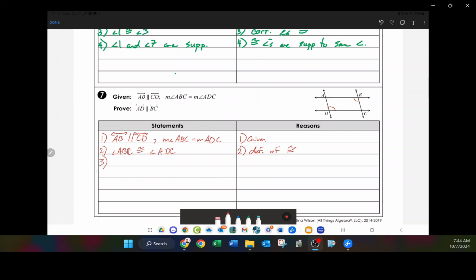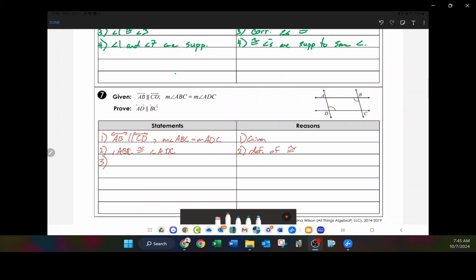Now, if I want to prove that line AD is parallel to BC, I need to show that they have either some corresponding angles that are congruent, some alternate interior angles that are congruent, or alternate exterior angles that are congruent. But being that ADC and ABC are both interior to both lines, I'm probably going to use either corresponding or alternate. Okay.